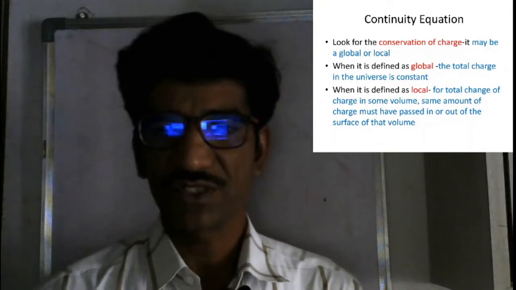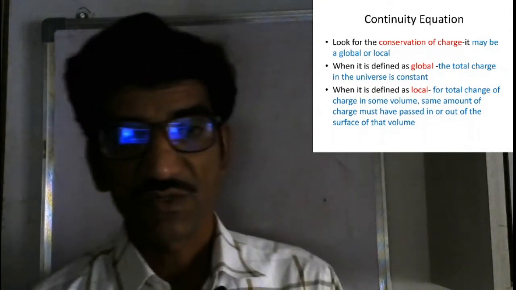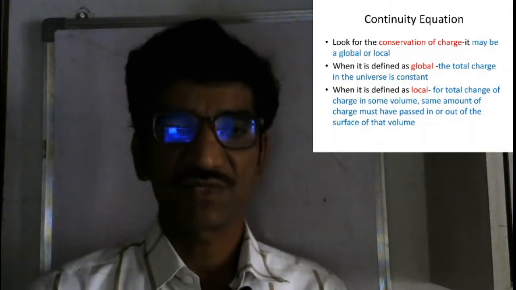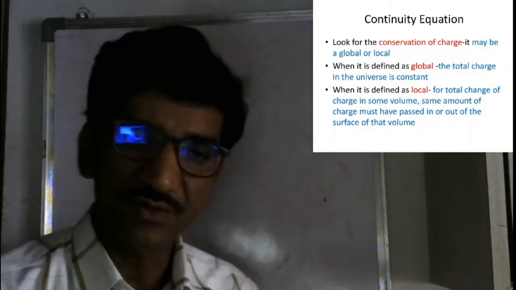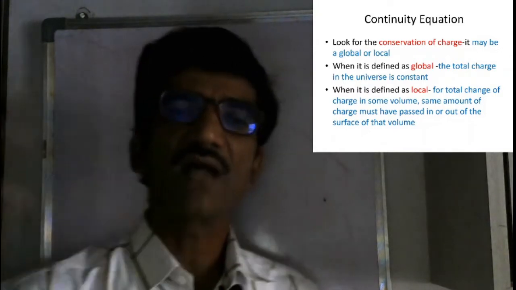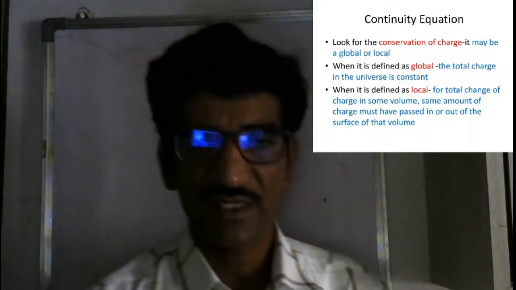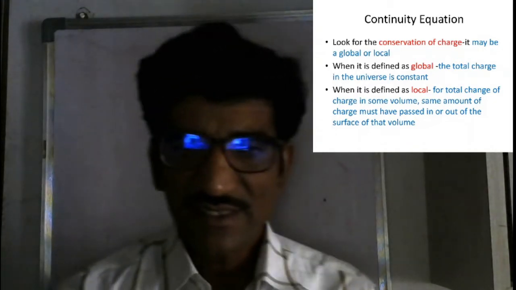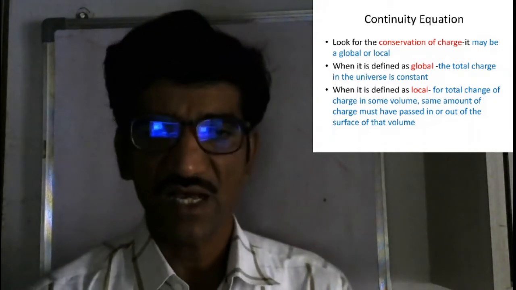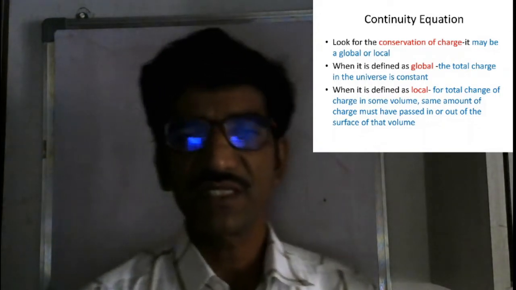That is most obvious. Why? Because in between these two things, we assume that there is no loss of charge. Whatever the loss of charge in this volume, that must have been reflected outside. Simply, this local conservation of charge gives us the continuity equation.